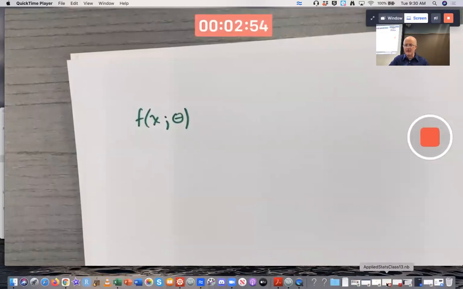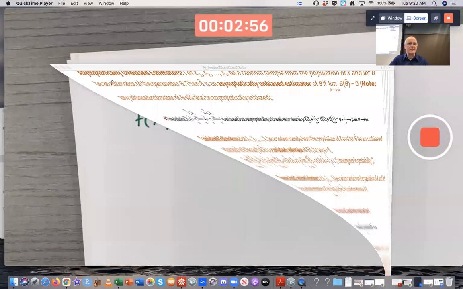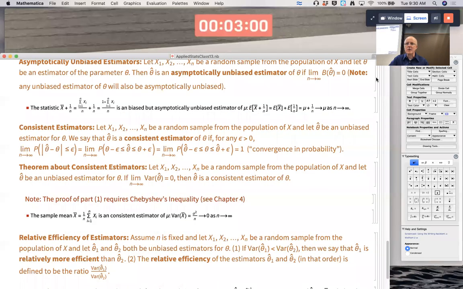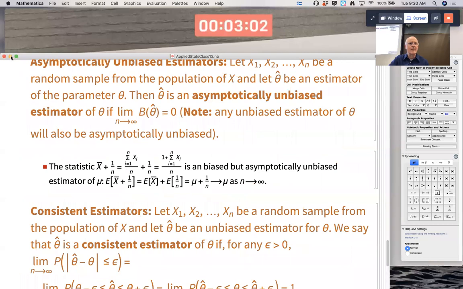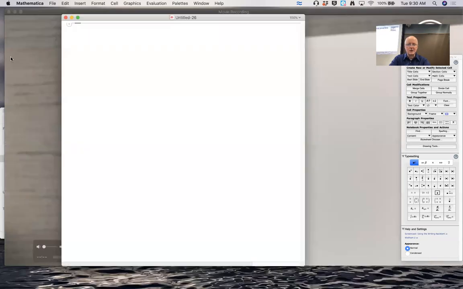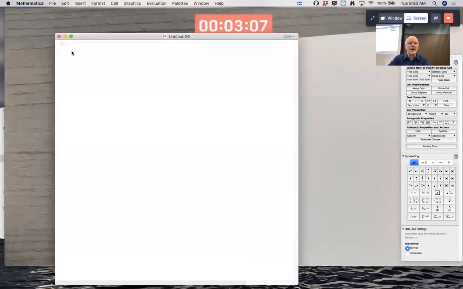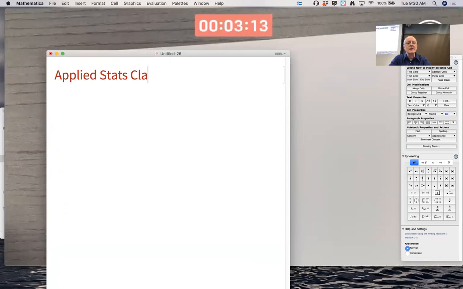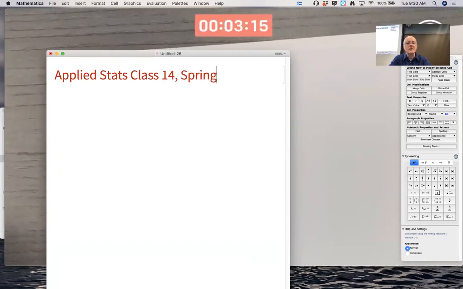I do want to have Mathematica open, and in fact, even also have perhaps the last class's notebook open. And make a new notebook. And I think I want to quit the kernel here. I want to make sure I clear the memory here. Today is class 14.